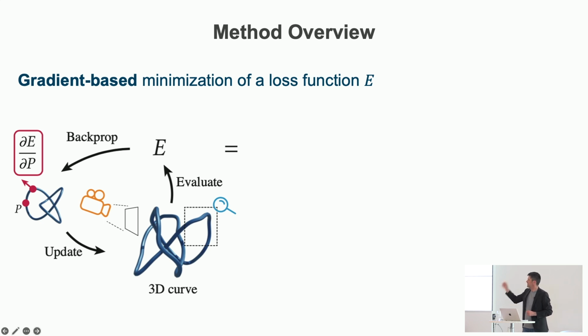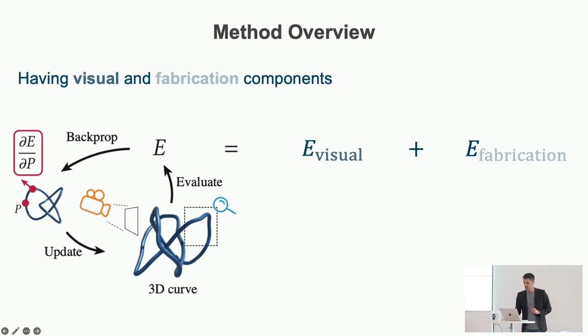Just again, this is basically the same concept as before, showing you in a loop. We have this 3D curve. We can evaluate an error that is differentiable. We can backpropagate these changes and then iteratively optimize this curve. And we have two error components, one for the visual approximation and the other one for fabrication.